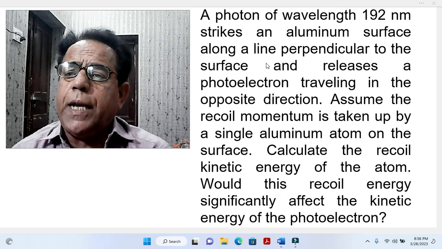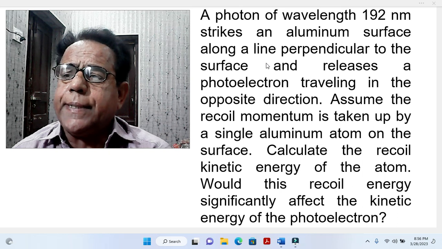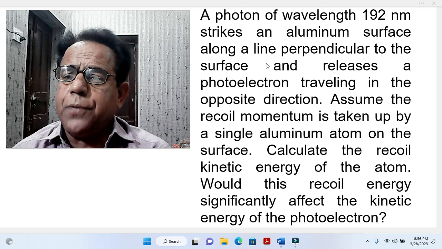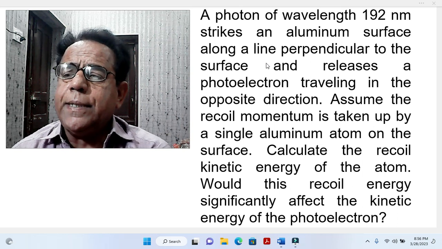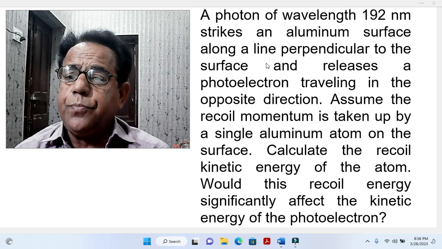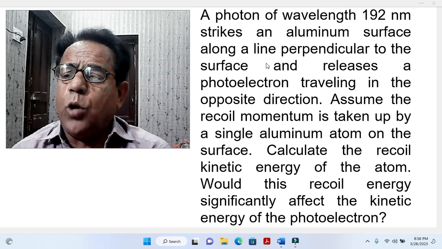Assume the recoil momentum is taken up by a single aluminum atom on the surface. Calculate the recoil kinetic energy of the atom. Would this recoil energy significantly affect the kinetic energy of the photoelectron?